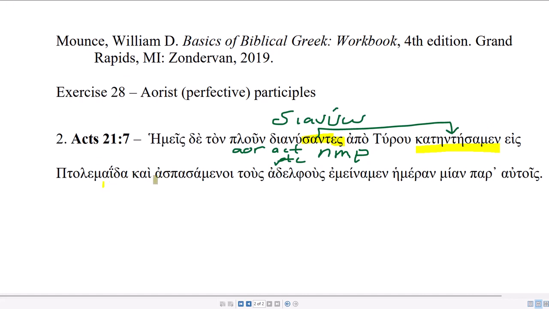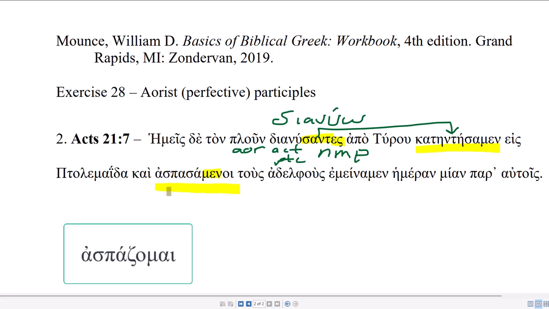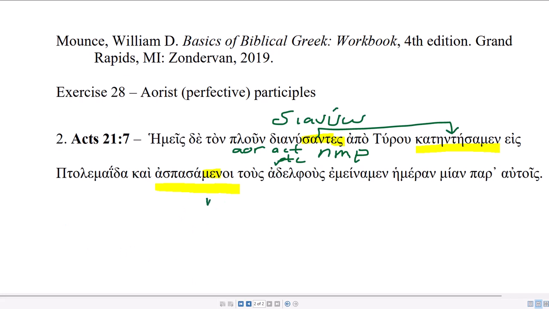Then the rest of it, we also have another participle here, aspasamenoi, and this looks like the men is telling us that it's middle. The sa is definitely aorist, so samen, aorist middle. This comes from aspazomai, which means to welcome or to greet. And the ending here, the oi, is also going to be nominative masculine plural.